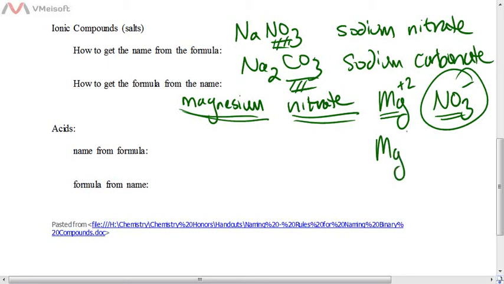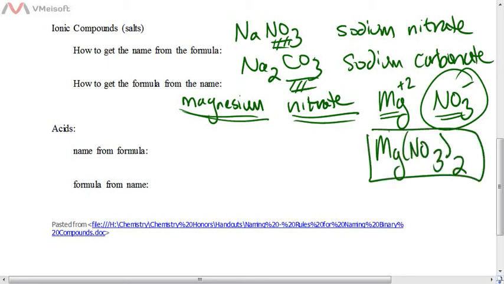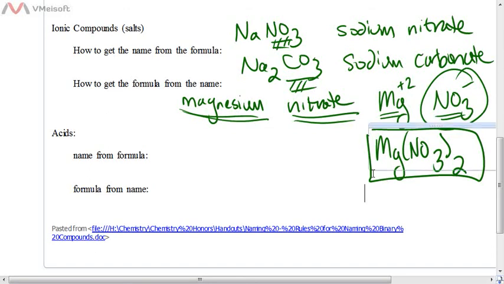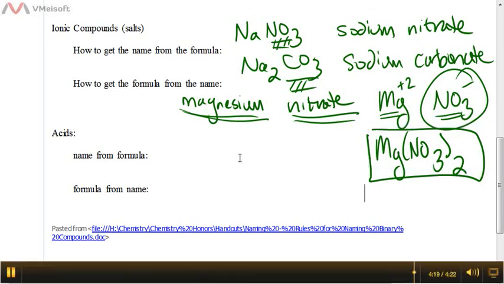So the formula of magnesium nitrate is like that. You still have to follow the same rules that you did before in generating the formula: in an ionic compound, the charges need to balance out. And we'll come back to acids in just a second.